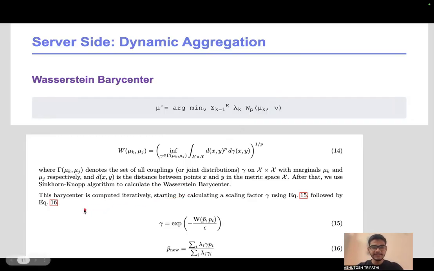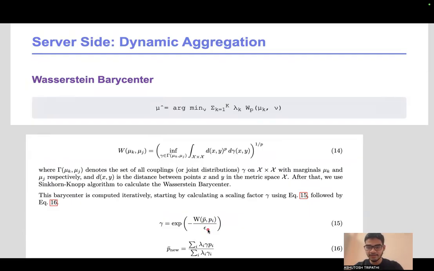Right. So this barycenter we computed iteratively, starting by calculating a scaling factor gamma using this equation, followed by equation 16. So we calculate gamma, where we calculate the Wasserstein distance between the current estimate and the probability distribution, divided by a small factor.